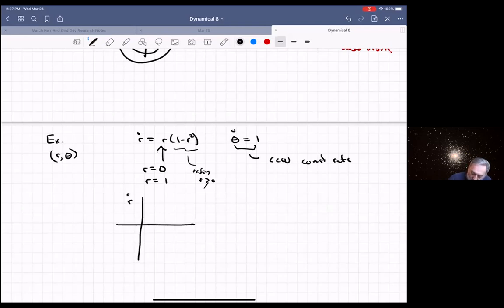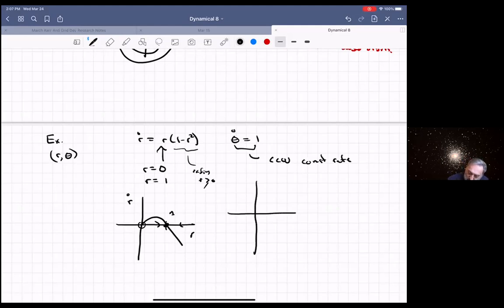So if I plot r dot versus r, this looks like that. So here's 1. And we see that there's a stable fixed point in the r dot plane at r equals 1 and an unstable fixed point at the origin.